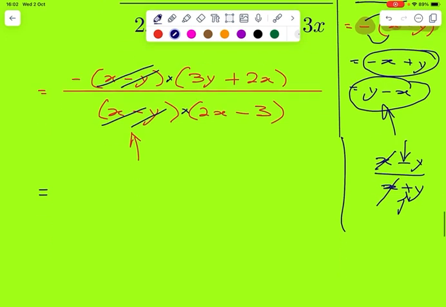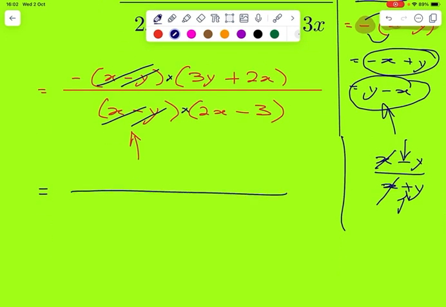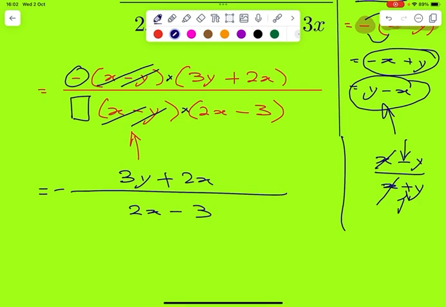So what we have is negative divided by positive, so it will still be a negative fraction. So what we have is 3y plus 2x over 2x minus 3. Done deal.